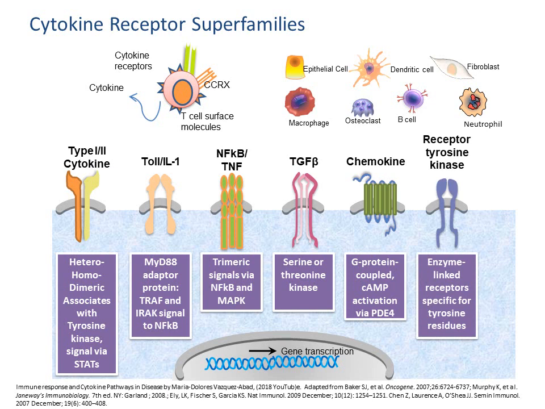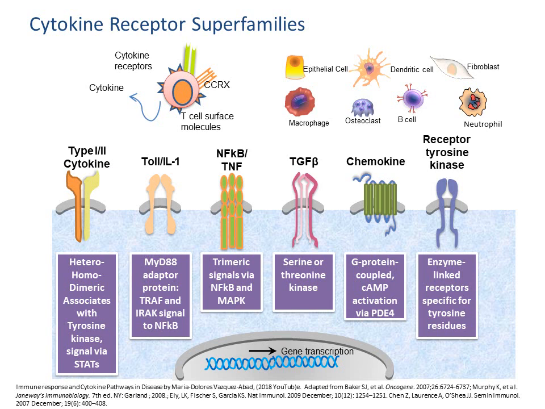And finally, the last of the 6 superfamilies is the receptor tyrosine kinase. So in this case, the enzyme-linked receptor. This particular receptor does have the tyrosine residues within the chain, as opposed to the first one, which doesn't have a kinase in the receptor, but the kinase is associated physically.